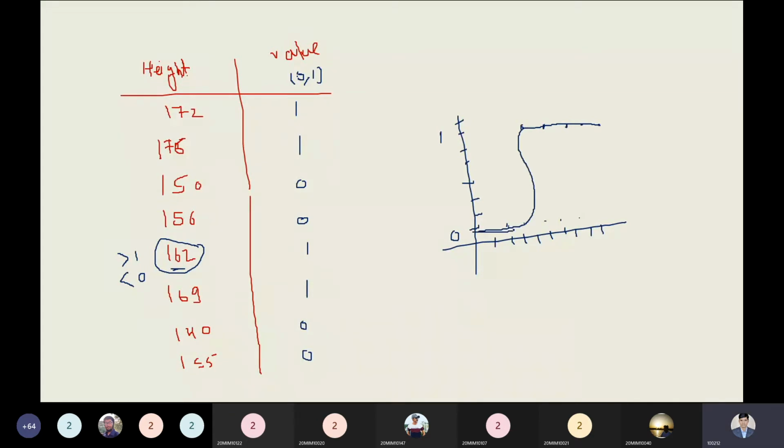So based on this data, your outcomes will be treated like an S shape, and this is coming through the logistic function or sigmoid function, and that's why we get the S-shaped curve. That is also known as our regression line in logistic regression, and this curve is known as the sigmoid curve.